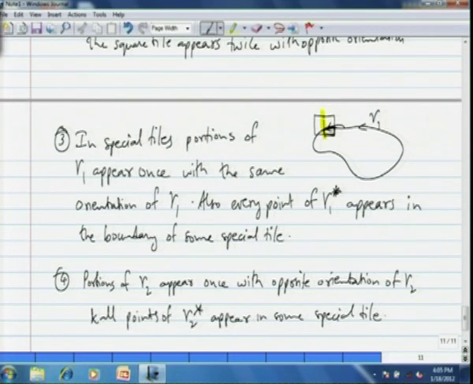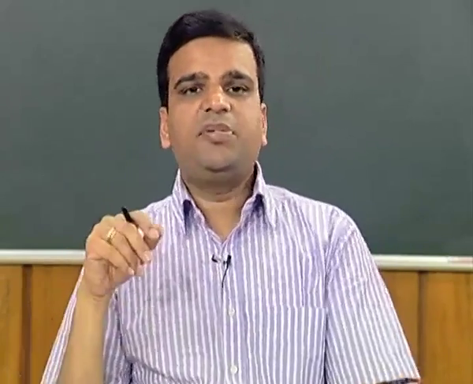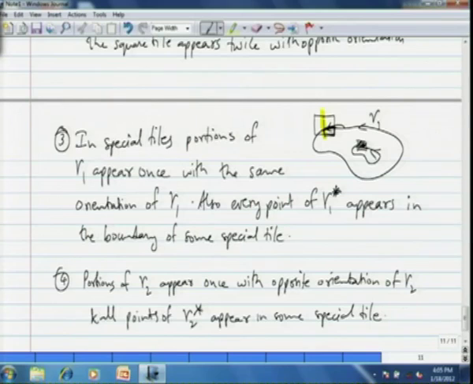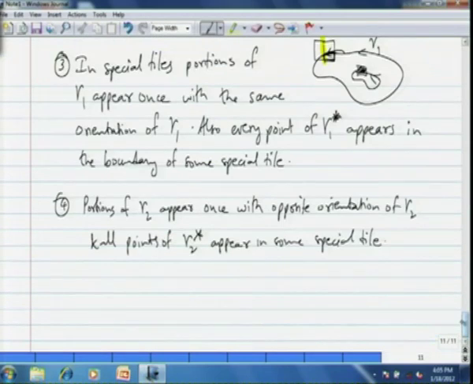If you have a tile intersecting gamma 2, which is the inner curve, then here is the hashed portion that intersects gamma 2, and when you orient the special tile in the positive sense, it picks up the opposite orientation to gamma 2. Gamma 2 is oriented in this sense. So, this is the fourth observation.